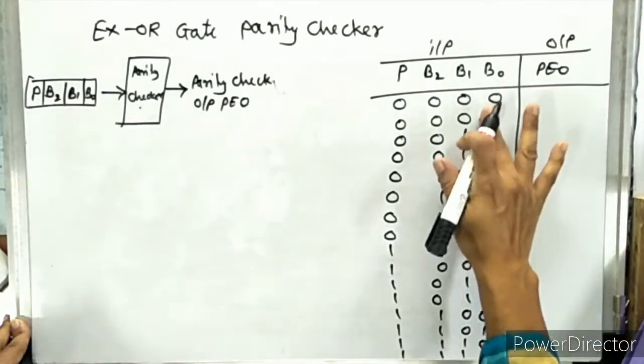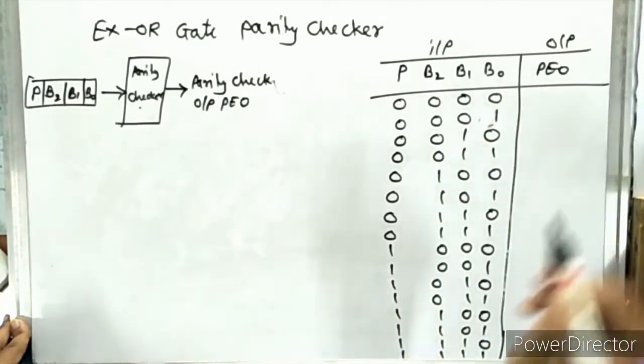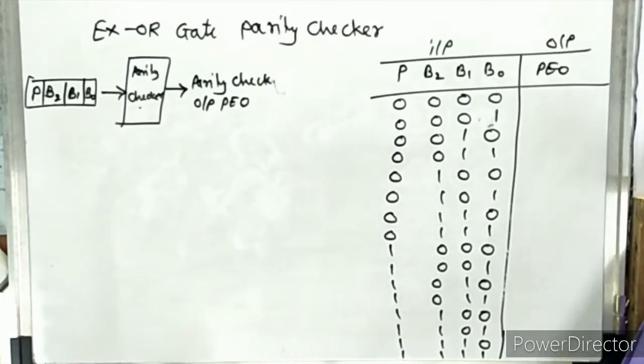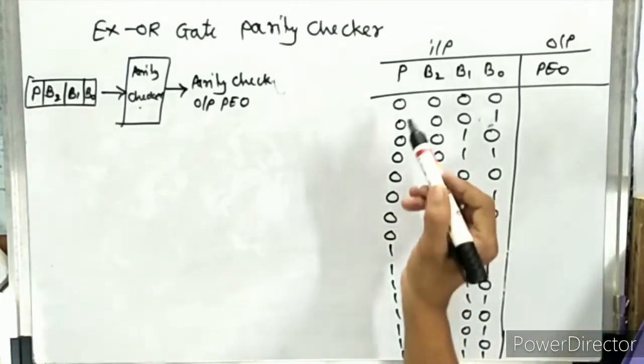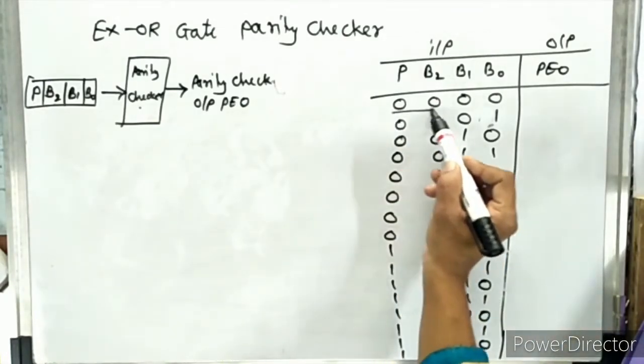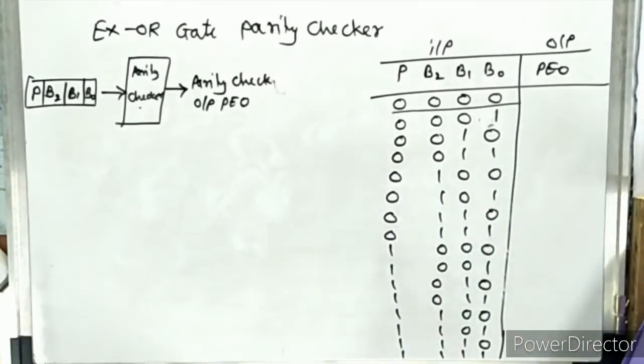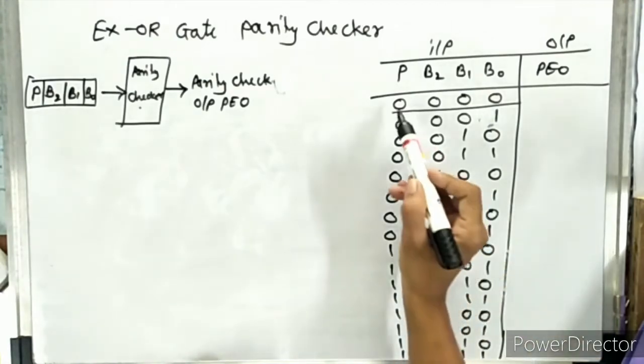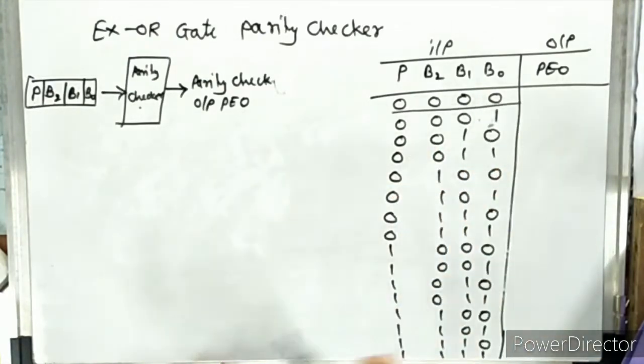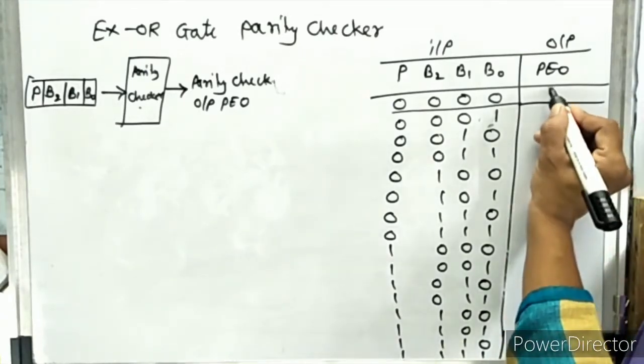Now we have to check when this parity error output will be 1. If we get the first input, that is 0 0 0 0, in the generator we have already generated the parity bit with an odd parity. Here the number of ones is 0, that means it is an even parity, so it will generate the error.